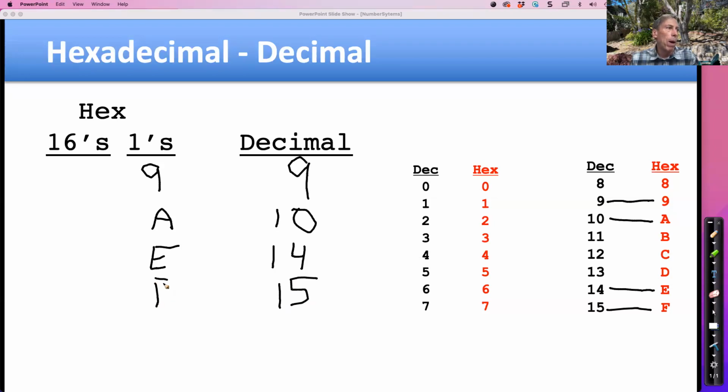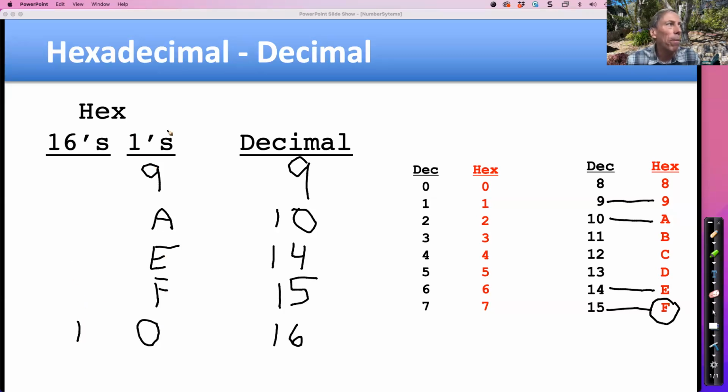Now, what happens if you turn 16? Remember, we talked about this in the previous video, when you get to the end of the symbols in the number system, you just put a 0 here and increase the next column by 1.